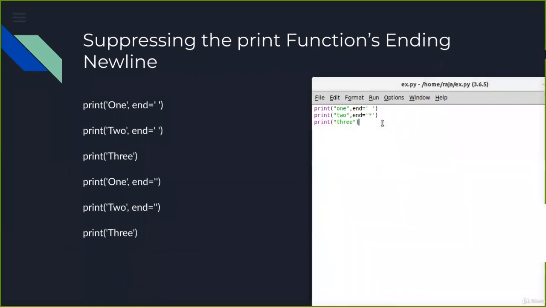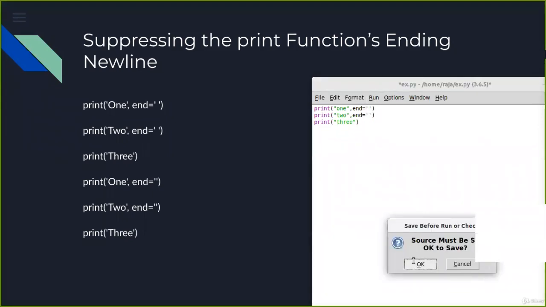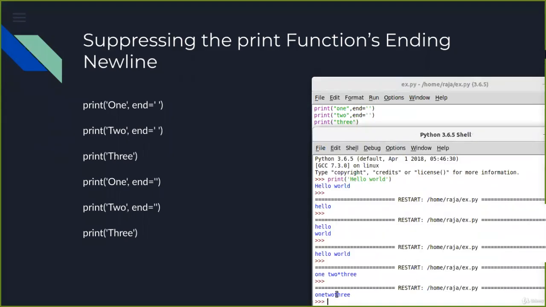So you can use this end statement to format the words that you would like to print. I can as well do this if I do not want any space in between and I want them to be printed one after the other without any spaces. I can simply remove the space and just give the quotes in this way. 1, 2, 3 without any spaces.